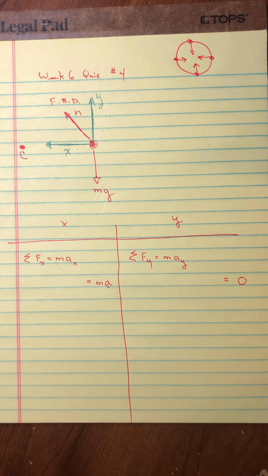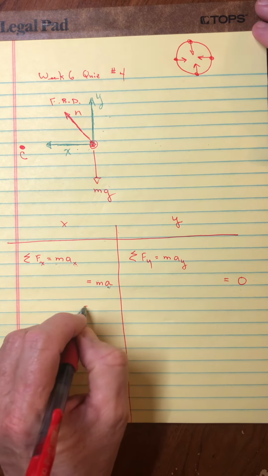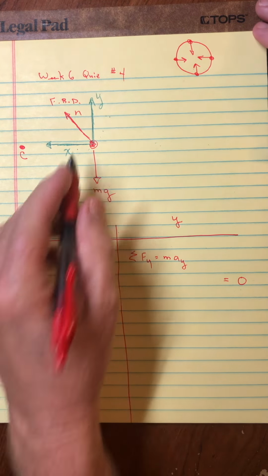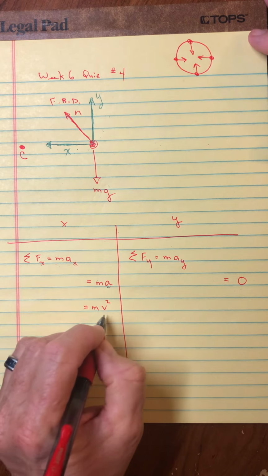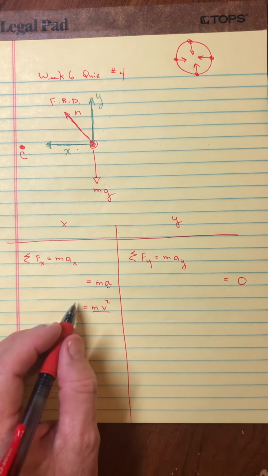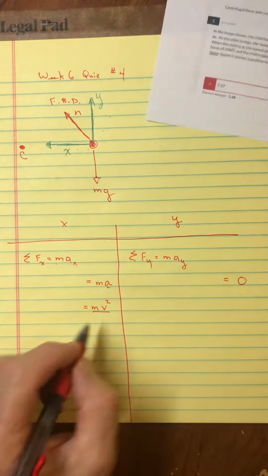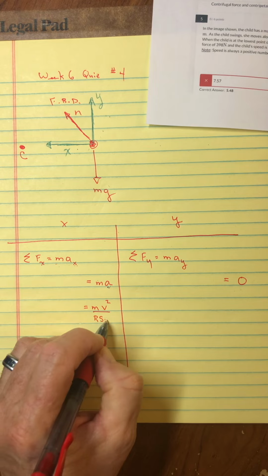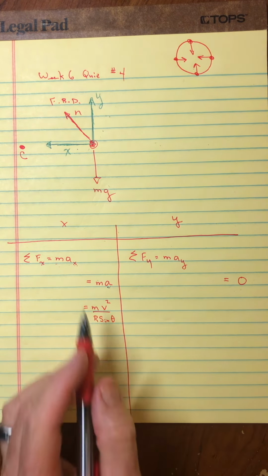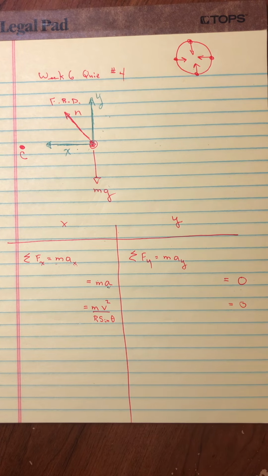Okay, so then I could even go one step further because I know v squared over r, and r being the radius of the circle, so come back to my physical picture, this would be r sine theta, is what I would get so far out of these two equations.